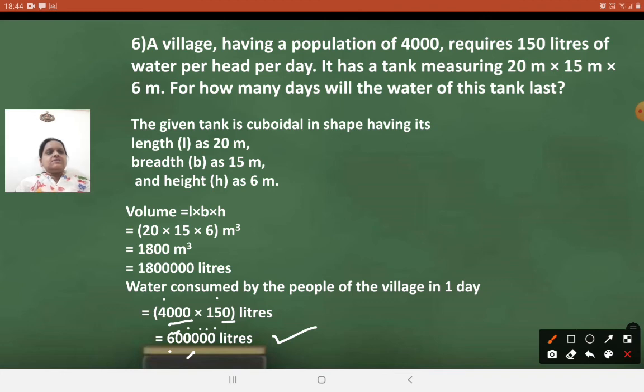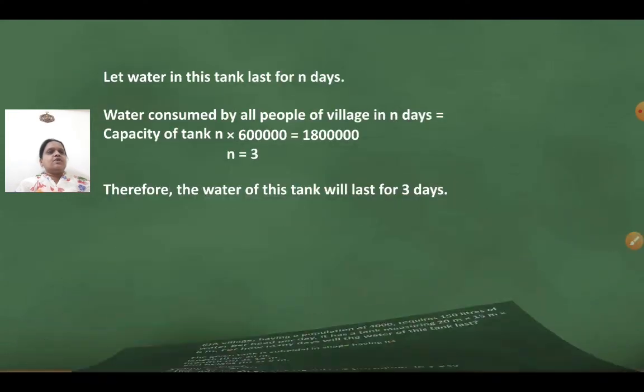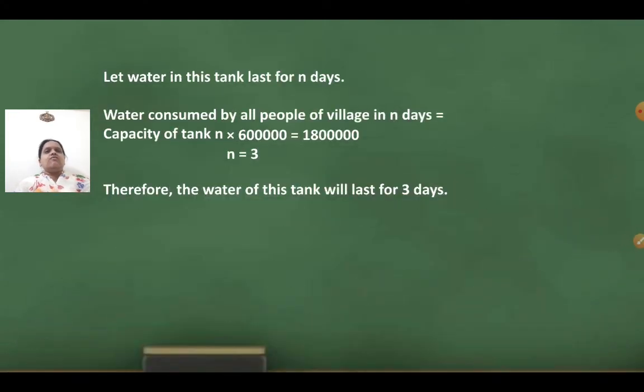Correct. Now let us find out how many days they can use this much quantity of water. So what will we do? Let the water in this tank last for n days. They will use it for n days. So n, the number of days, multiplied by the per day consumption, that is 6 lakh liters, equals the tank capacity.